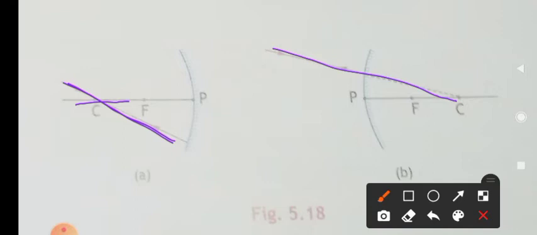It retraces its path after reflection. In other words, the incident and reflected rays move along the same line in the opposite direction.